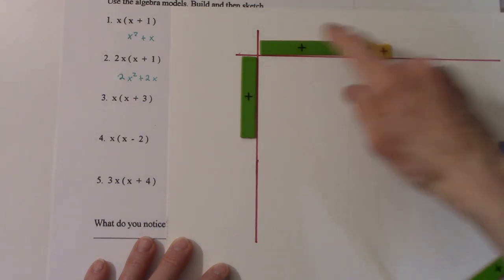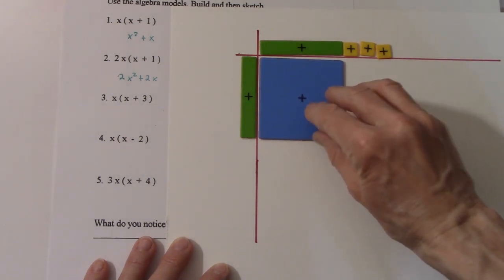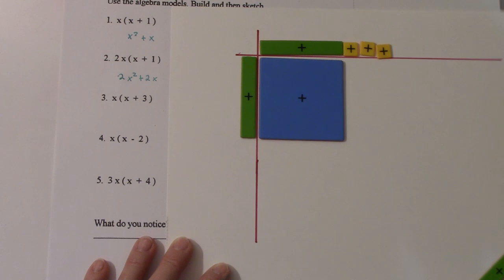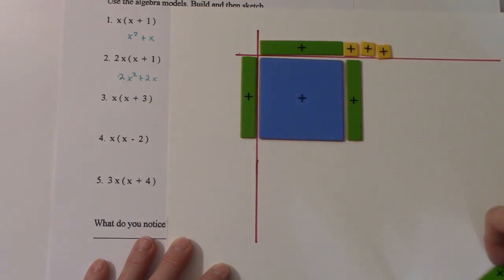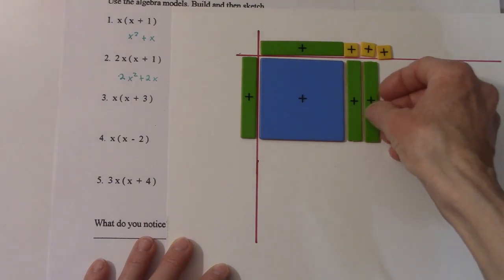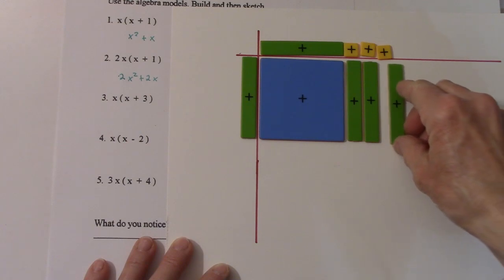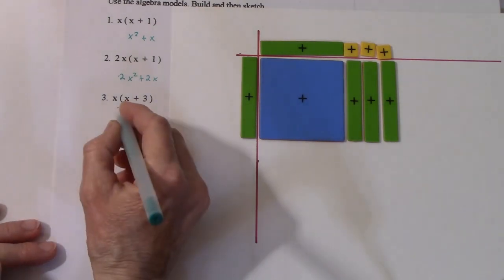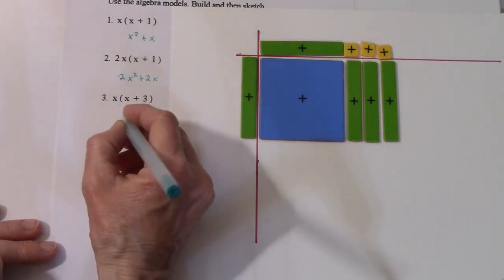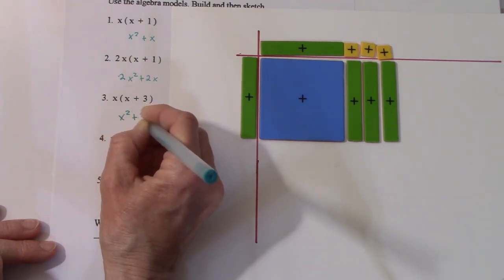So x times x is x squared, and x times 1 is x, x times 1 is x, and x times 1 is x. So I have x squared. X times the quantity x plus 3 gives me x squared plus 3x.